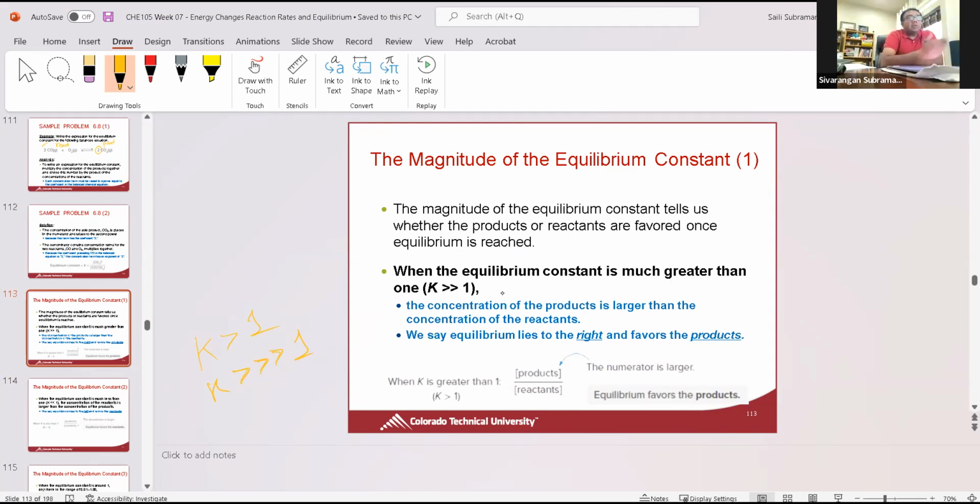So if the equilibrium constant is significantly greater than 1, what this tells you is that the equilibrium lies to the right and favors the formation of the product. In other words, K is nothing but the concentration of products over reactants. So if K value is equal to 1, what does this mean? The concentration of products is equal to the concentration of reactants. Do you guys agree?